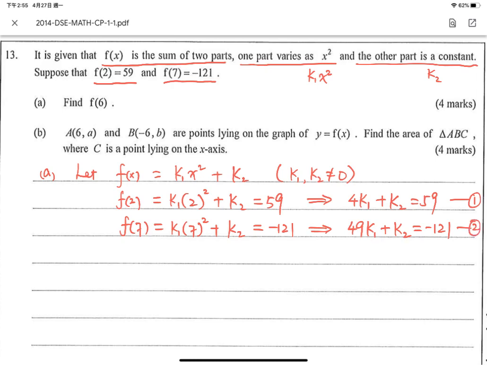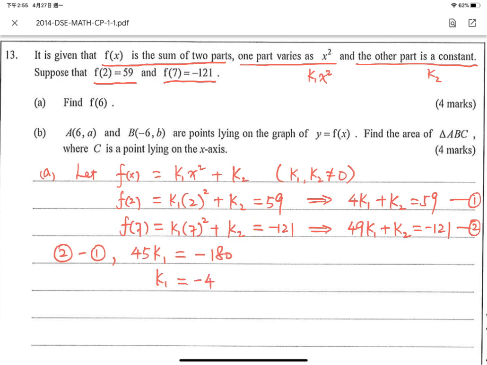Then we can solve this simultaneous equation by subtracting 1 from 2. Okay, 2 minus 1, we get 49k1 minus 4k1, which is 45k1. k2 minus k2 is 0. Right hand side, negative 121 minus 59, so will be negative 180. Divided by 45 on both sides, we get negative 180 divided by 45, which is negative 4.